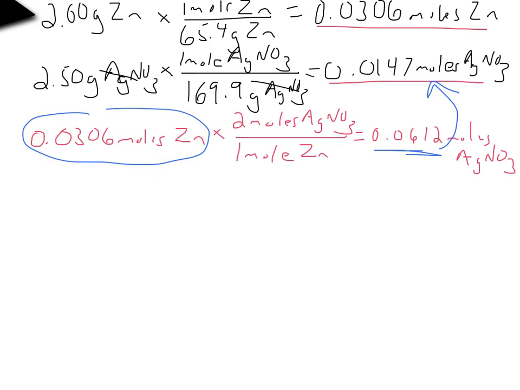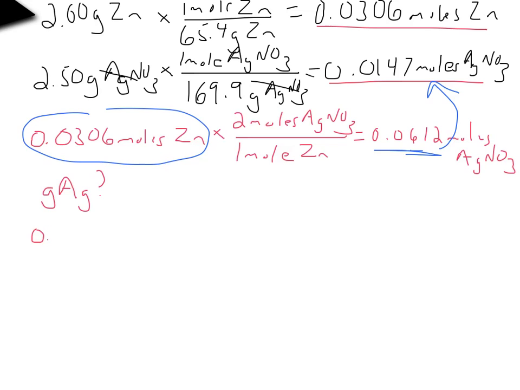Alright, so now if we go on to practice problem B, this is asking for the grams of silver produced, or how much is formed. Once again we can just start with our limiting reactant for most of these problems, because once we've identified the limiting reactant, we can't make more than what our limiting reactant allows.